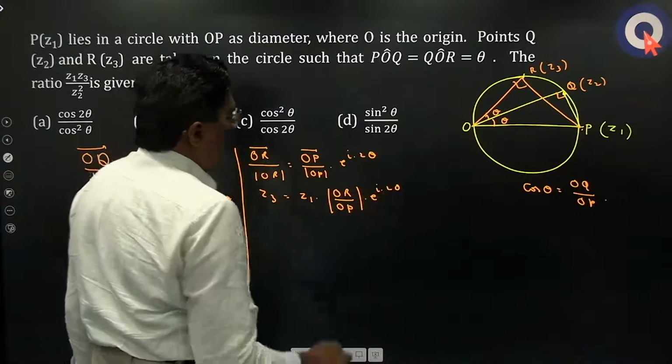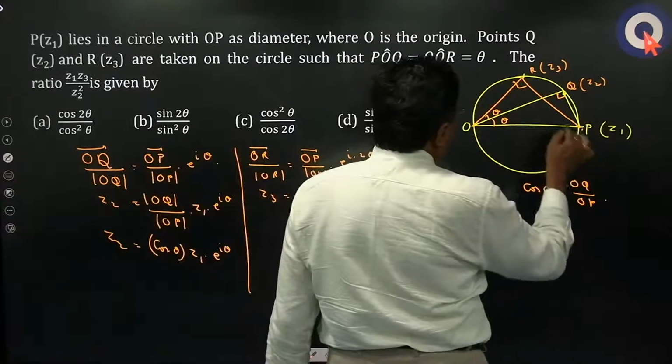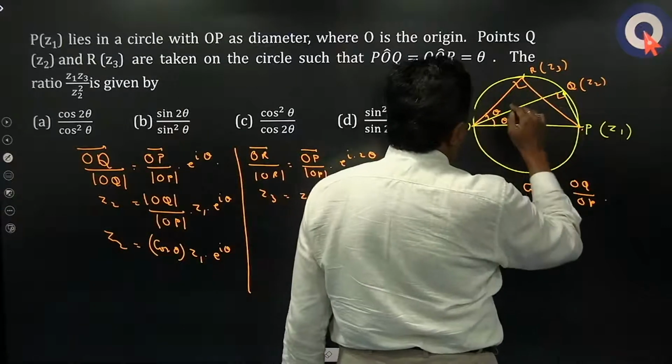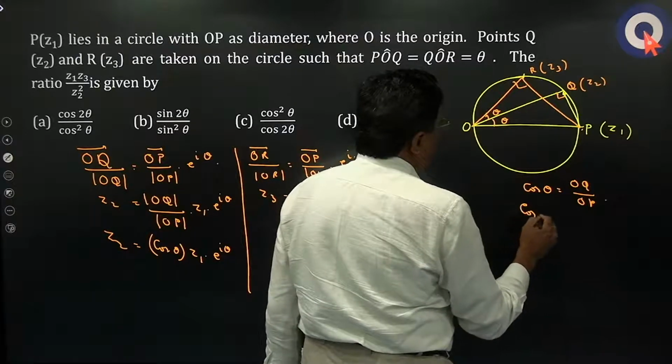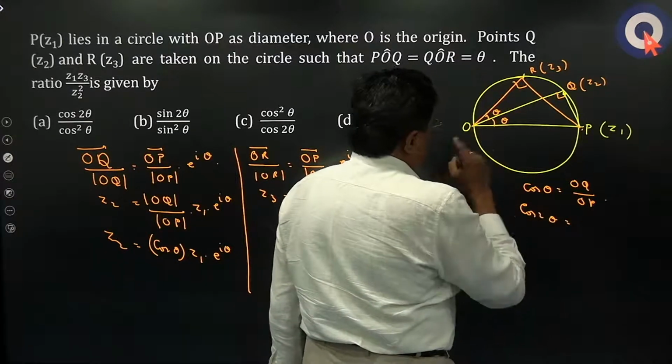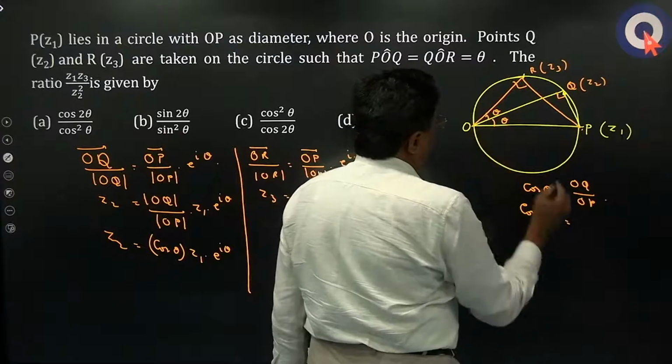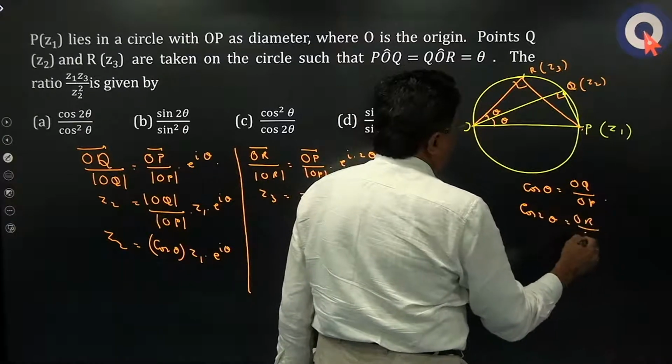Now OR by OP, if I consider the triangle OPR, even this is a right angle triangle. So in this, cos 2 theta is OR by OP.